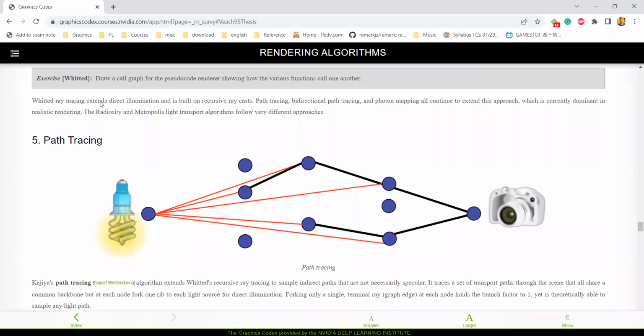Weighted ray tracing extends direct illumination and is built on recursive recasts. Path tracing, bidirectional path tracing, and photon mapping all continue to extend this approach, which is currently dominant in realistic rendering. Radiosity and the Metropolis light transport algorithm follow very different approaches.